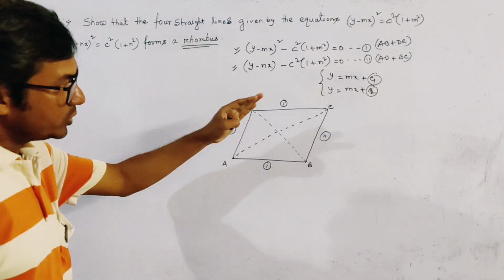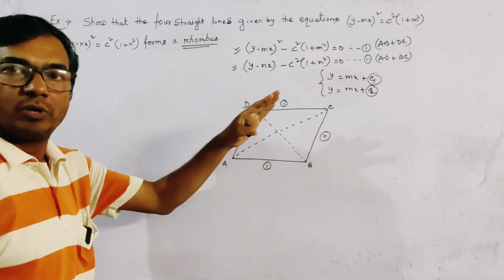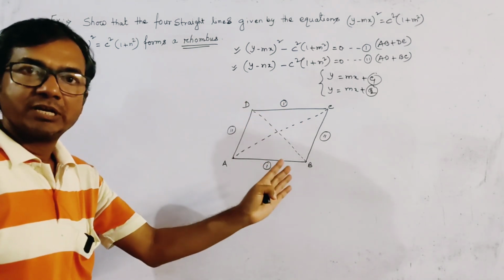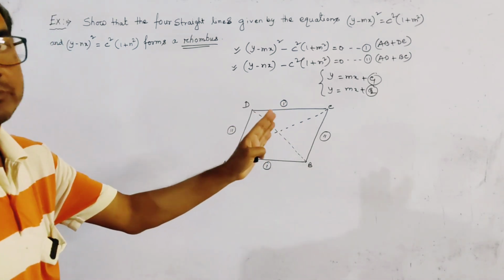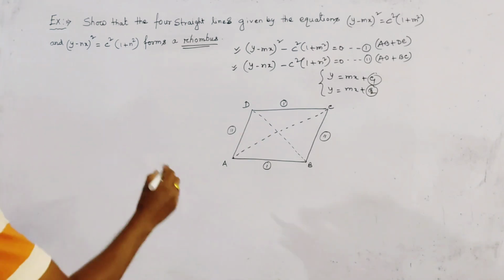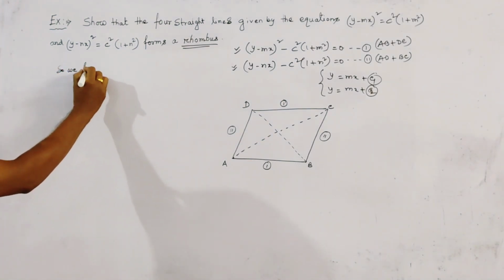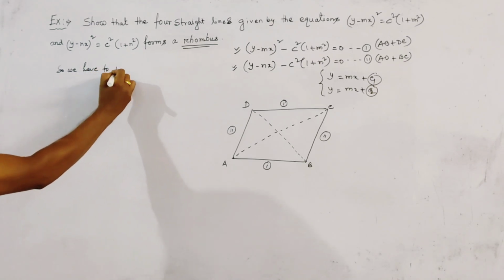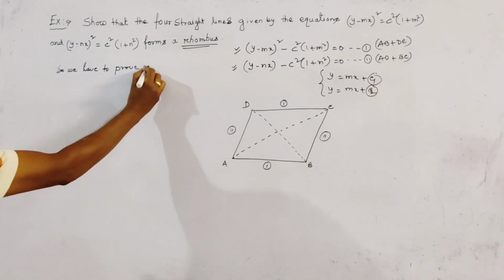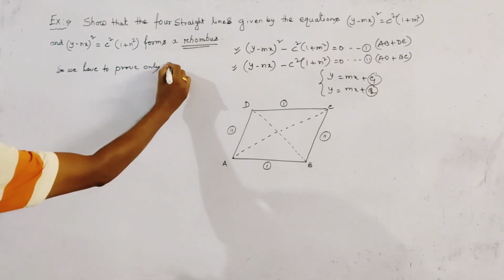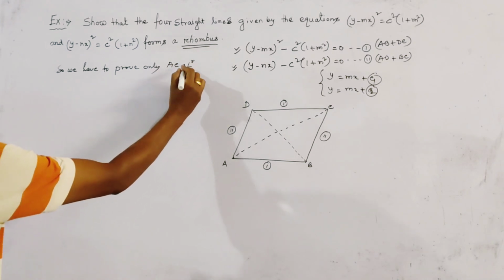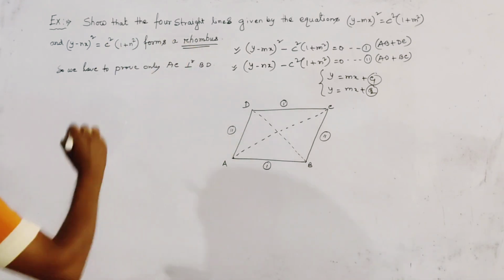If they are perpendicular bisectors of each other, then this parallelogram becomes a rhombus. So we have to prove only that AC is perpendicular to BD.